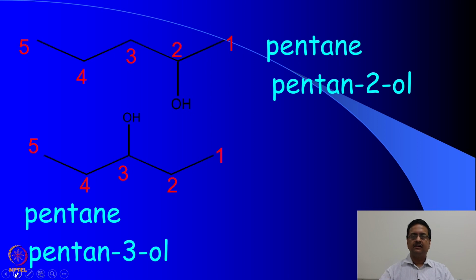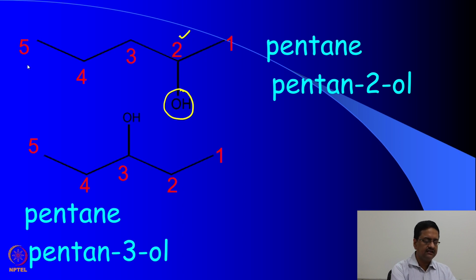So, when we now try to name these molecules, we first try to identify the long chain as usual and try to identify the position of the OH group, getting the lowest number. So, that is why we did not start numbering from the left side, rather we started numbering from the right hand side and made it pentan-2-ol.